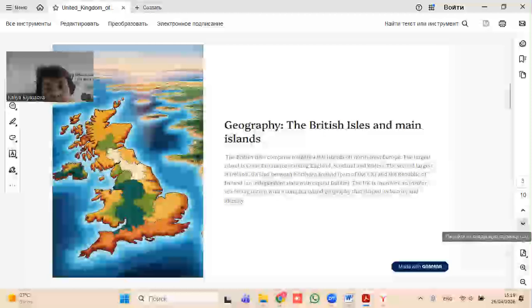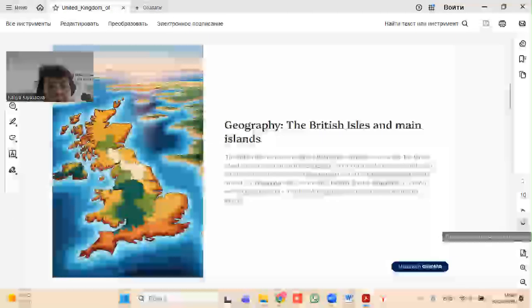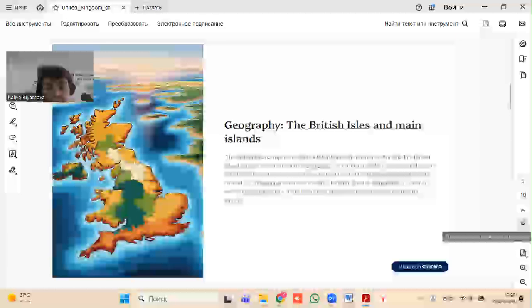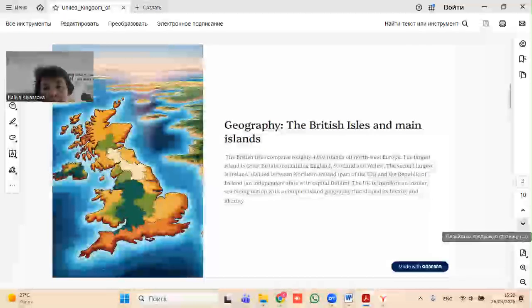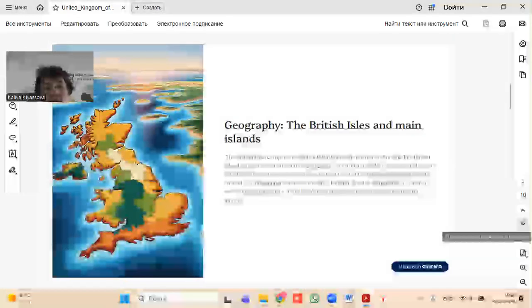The second largest is Ireland, divided between Northern Ireland, part of the UK, and the Republic of Ireland. It is an independent state with capital Dublin. The UK is therefore an insular, sea-facing nation with a complex island geography that shaped its history and identity.